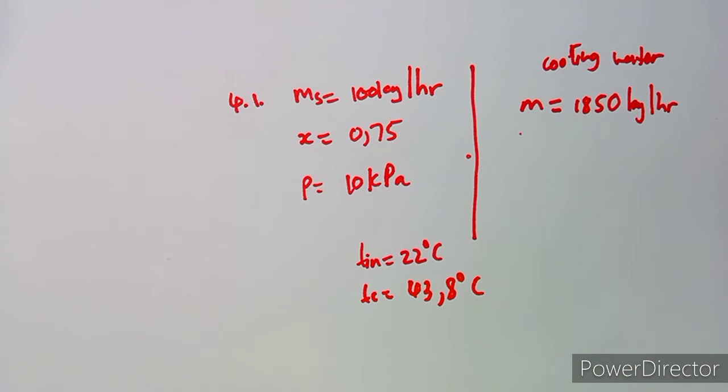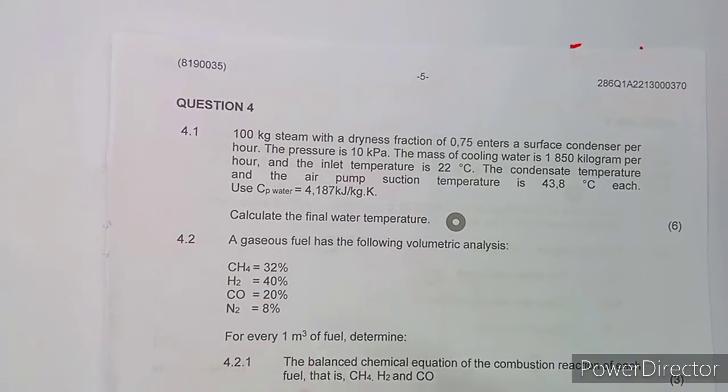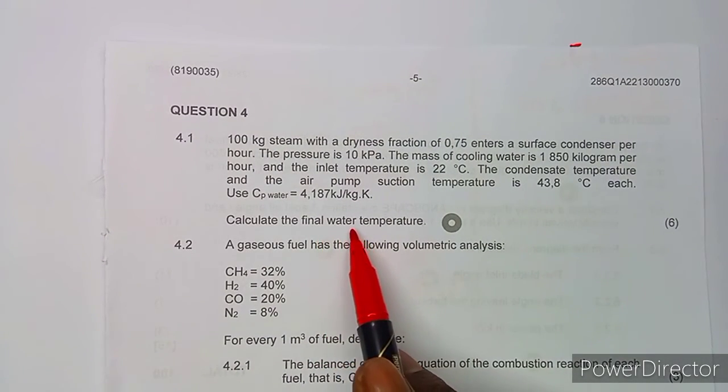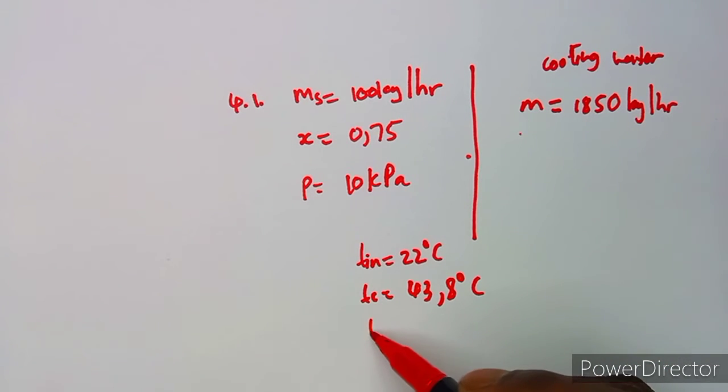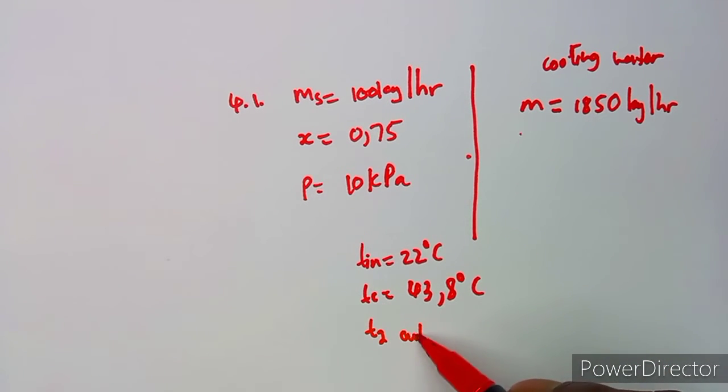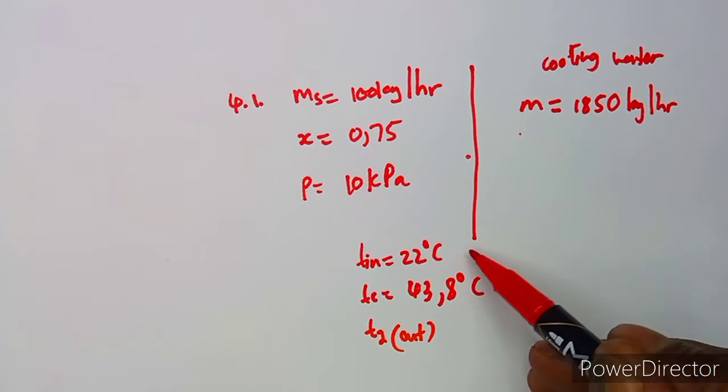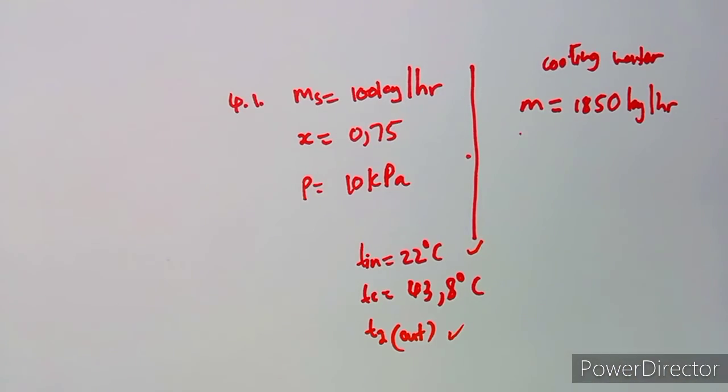Do we have anything that we left out? We do not. So the question now is to calculate the final water temperature, which is T2, which is T out actually. So remember, this is T in for the water and we need T out.